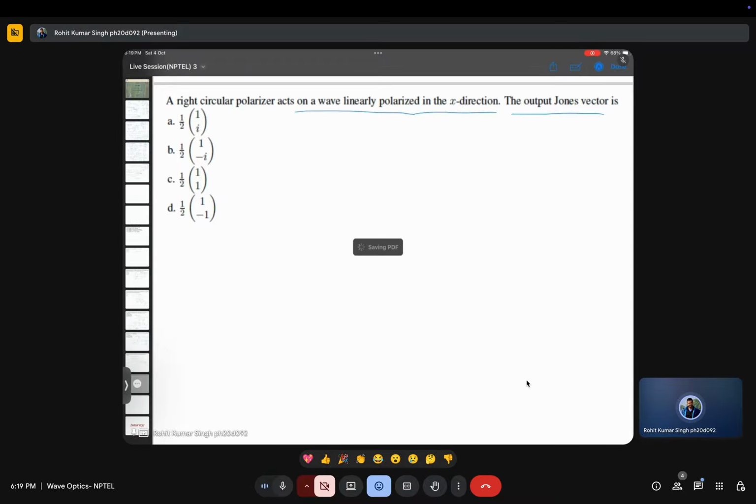But I will explain how you can solve this. It says a right circular polarizer acts on a wave linearly polarized in the x direction. So you know that a linearly polarized wave in the x direction is just 1 0, right? This we know, right?